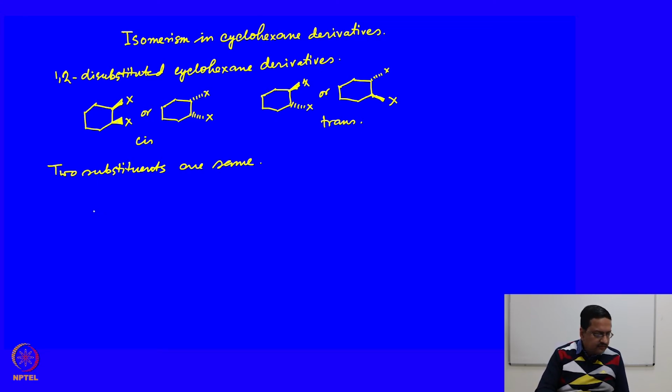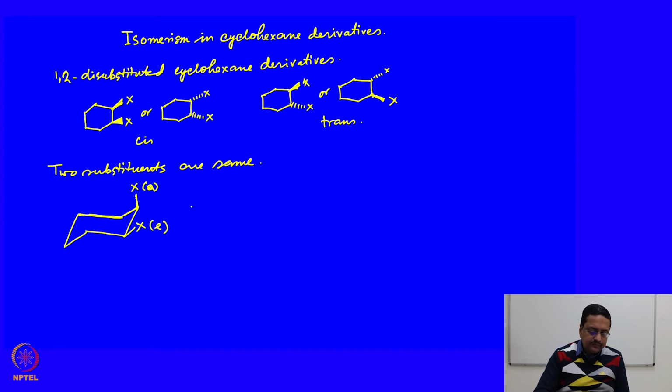If we draw these two substituents as the same in the chair form which we have learnt earlier, then this X is up and here the axial bond is upwards, this is axial and this is equatorial. So, the axial bond is up and the equatorial bond here is up.